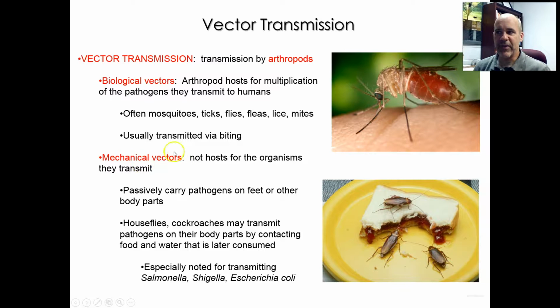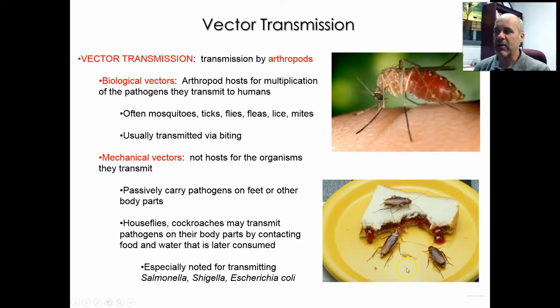Now, a mechanical vector, you have to be careful with this name. This is not referring to any sort of piece of medical or mechanical equipment. This is a case where arthropods are a passive carrier, kind of like we talked about how you can have human passive carriers that carry microbes from one patient to another. A mechanical vector is an arthropod that's doing this.